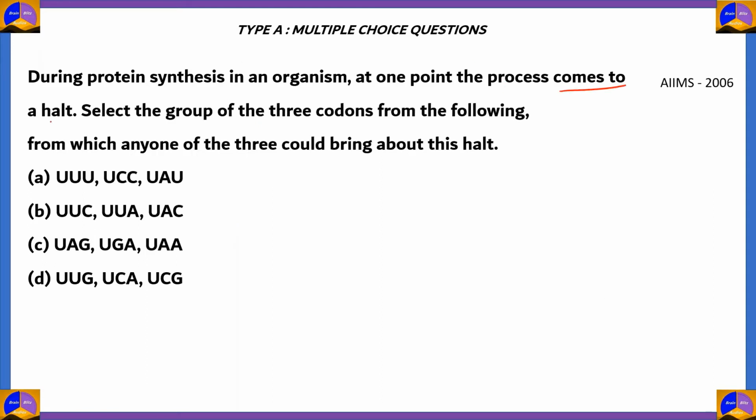The codons which stop protein synthesis are known as stop codons or nonsense codons because they do not code for anything. Now, how do we know which of these are the nonsense codons?